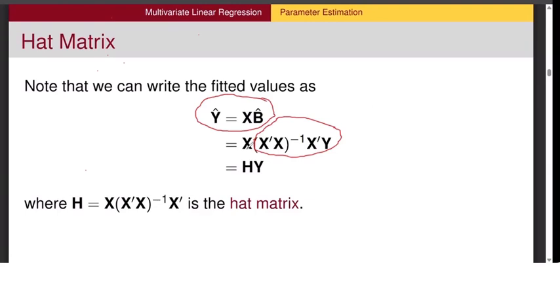And if I have that, anything other than y, this here is the hat matrix H. So the benefit of the hat matrix in multivariate analysis, and in general, is to enable us to transform the actual response y into predicted values.